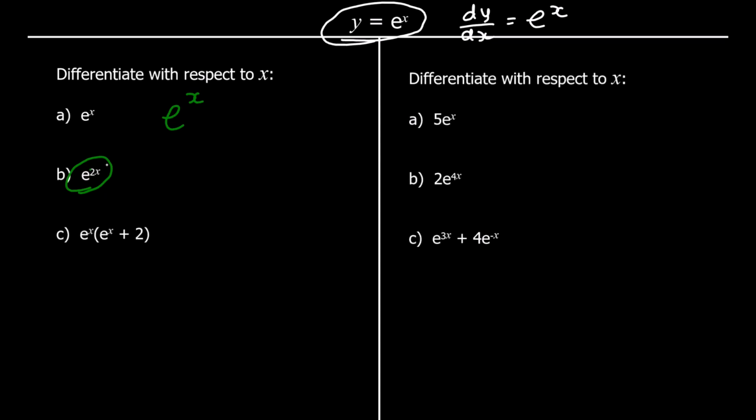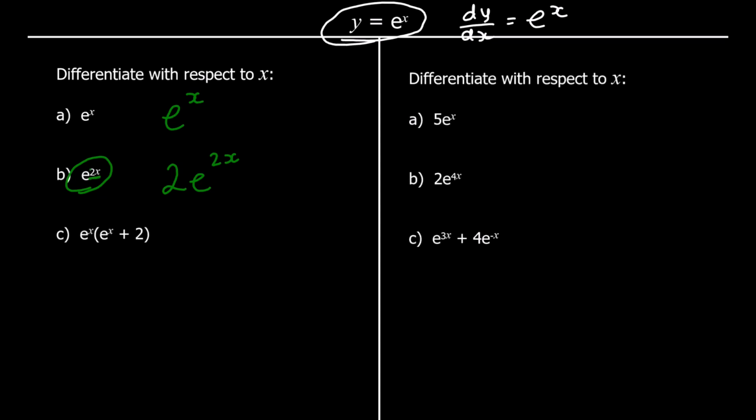When you have a 2 in the power, we leave it as it is, so e to the power of 2x, but then we multiply the whole function by 2. So the gradient function is 2e^(2x). So we multiply it by the number. So if it was e^(3x), it'd be 3e^(3x). If it was e^(5x), it'd be 5e^(5x).